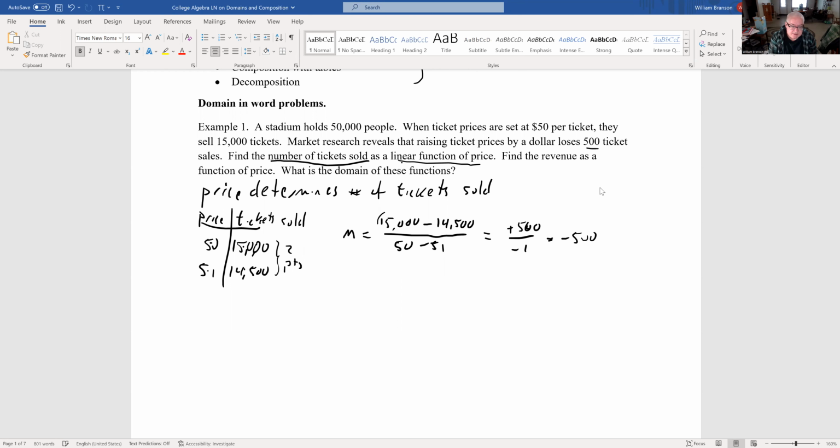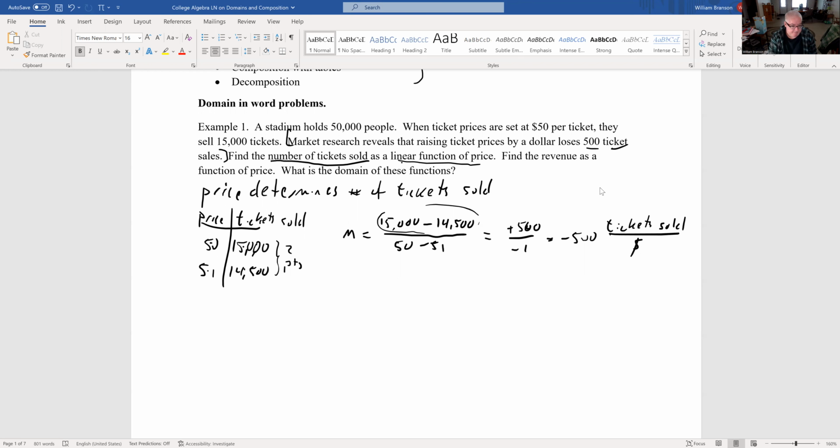The units here are tickets sold, and the price is in dollars. So tickets sold per dollar. Increasing the price by $1 means you lose 500 tickets, right? And so this is a statement about the slope.